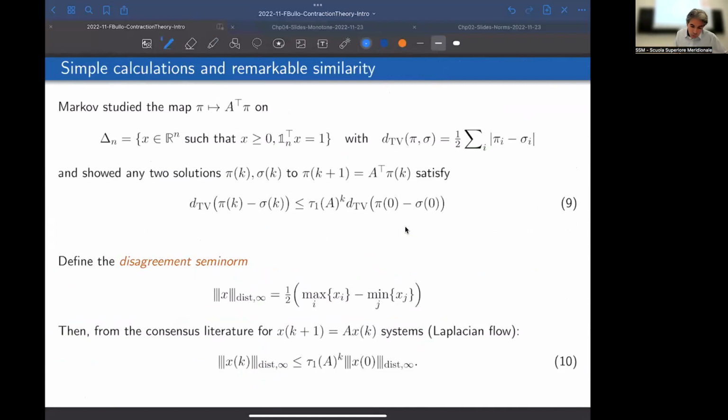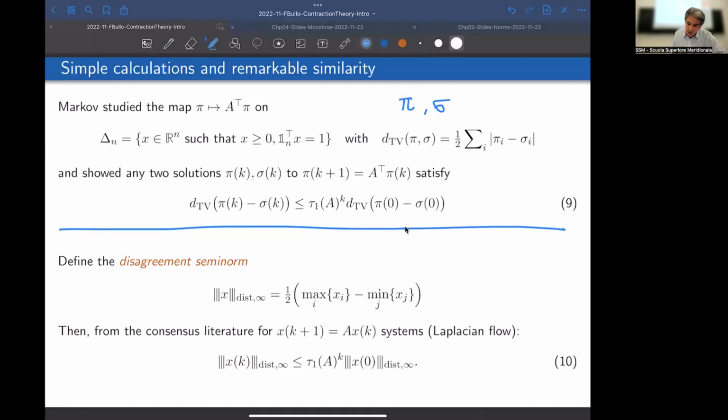Moreover, two really weird things happen. First of all, when Markov introduced the ergodic coefficient, it was for the following reason. He said, I have two distributions of my mass, of my random variables, and I define an appropriate distance between them. It's called the total variation metric.